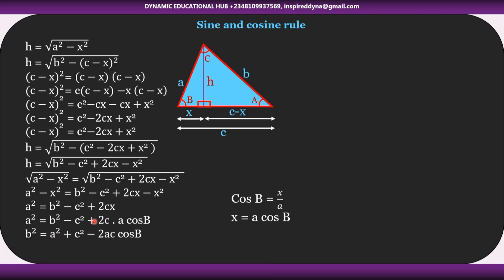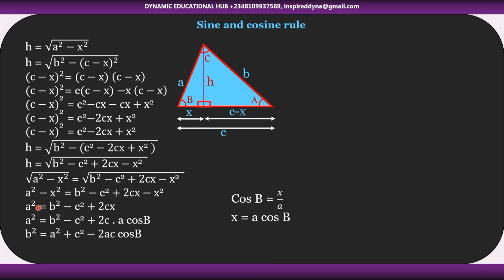Now this one that is plus initially, when it crosses the equal sign, it becomes minus 2ac cos B. So finally you have b squared is equal to a squared plus c squared minus 2ac cos B.